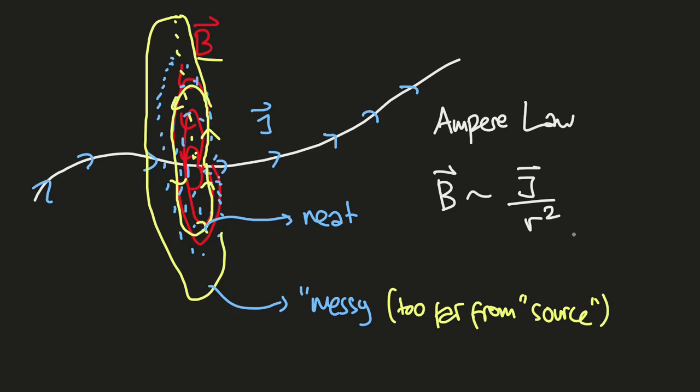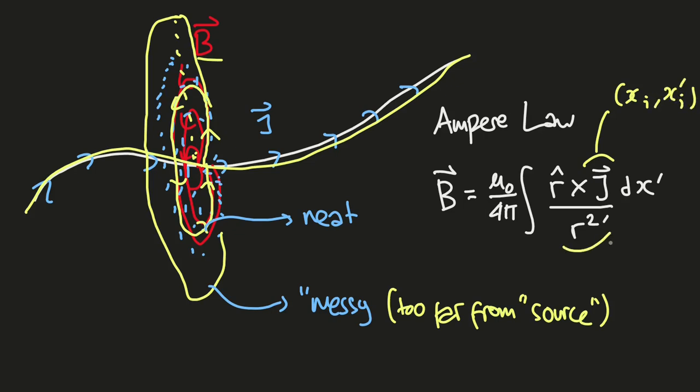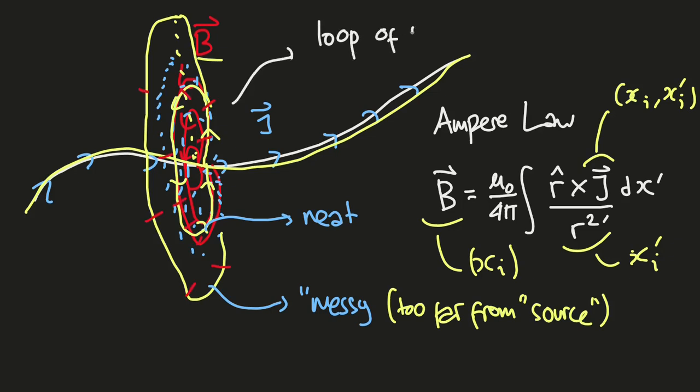So this proportionality becomes this equality along this wire in yellow, where J is related to xi and xi prime, because the prime comes from this integration, and the result is the magnetic field related to the vector field along xi. By the previous video, this pattern creates loops of magnetic field, where J capital is the source of the rotation.